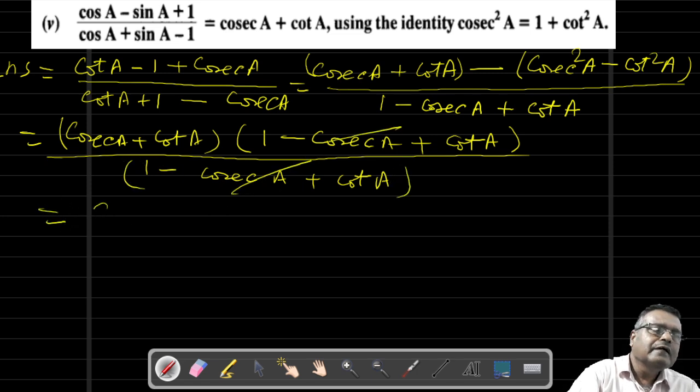You are getting cosec A plus cot A. This only is RHS. Proved.